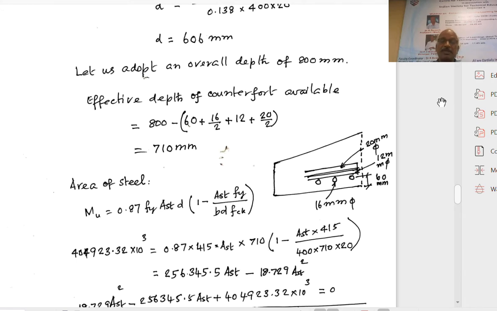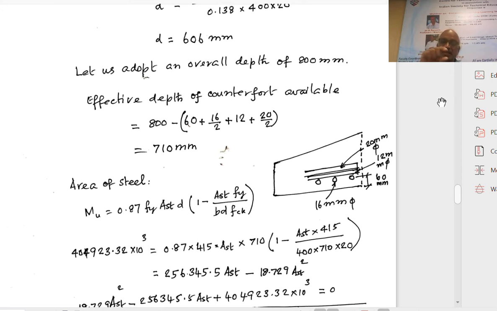So 12 mm diameter is the distributor diameter, on the top of which we are going to provide a 20 mm diameter bar. 20/2 will be the distance up to the center of the main reinforcement for the front counterfort. So this calculation is very important.